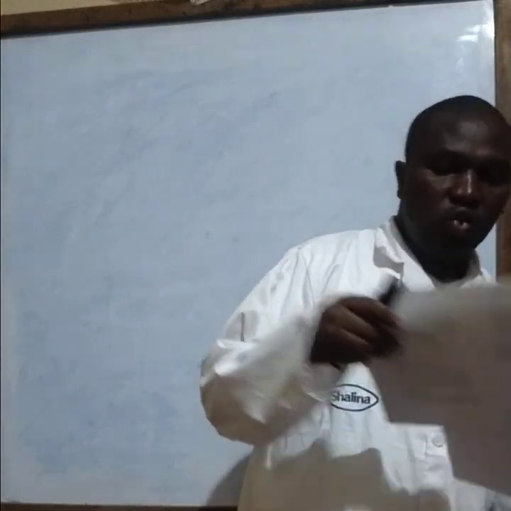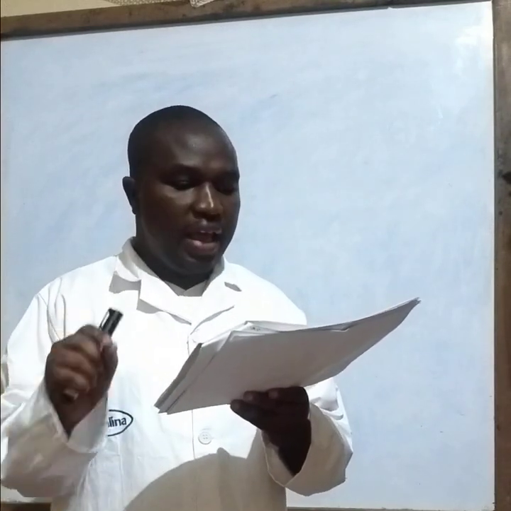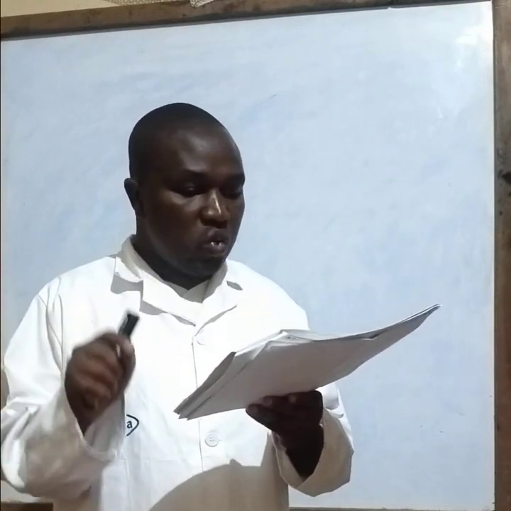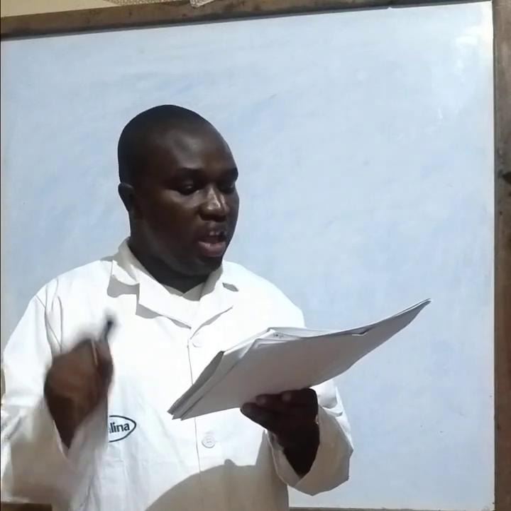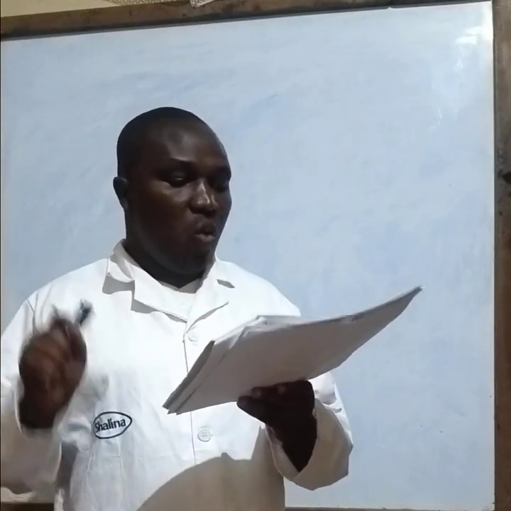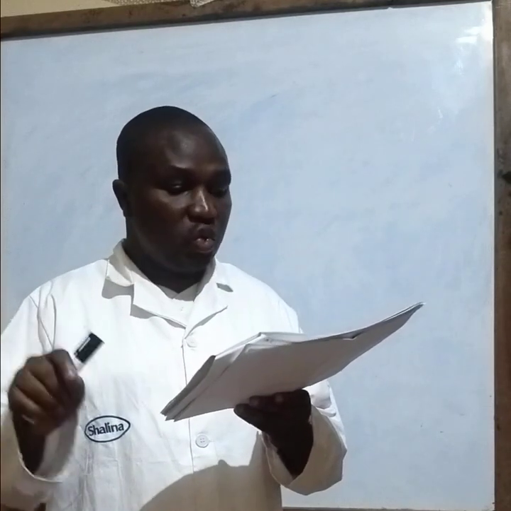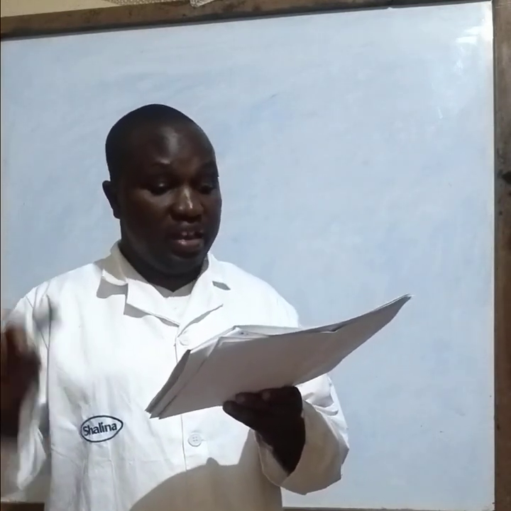Go to example 2. Example 2 reads, a company produces 3 products, P, Q, and R, using raw materials A, B, and C. 1 unit of P requires 1, 2, and 3 units of A, B, and C respectively. 1 unit of Q requires 2, 3, and 2 units of A, B, C respectively. 1 unit of R requires 1, 2, and 3 units of A, B, C respectively.